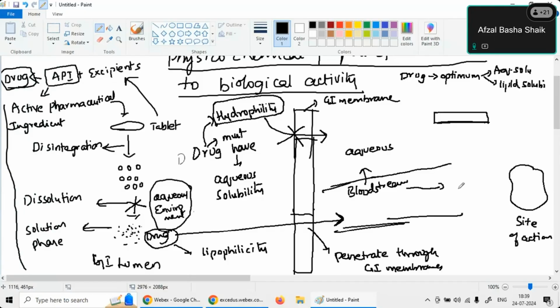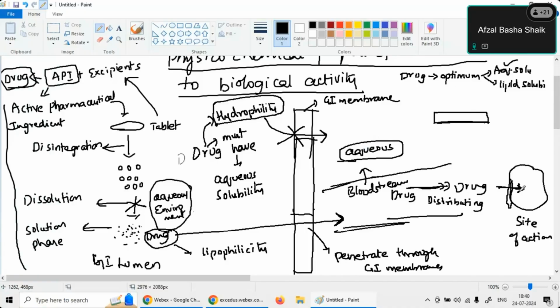Sometimes the drug will need to pass through the site of action where there are many membranes, right? In order to distribute in the bloodstream, which is aqueous in nature, the drug should have aqueous solubility.